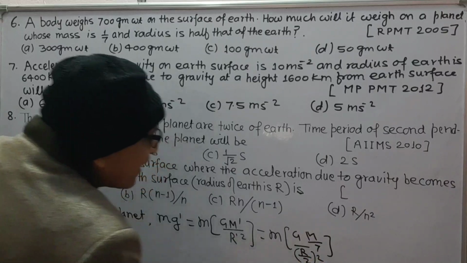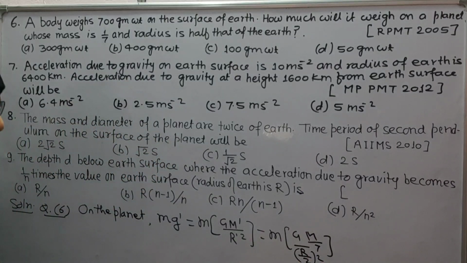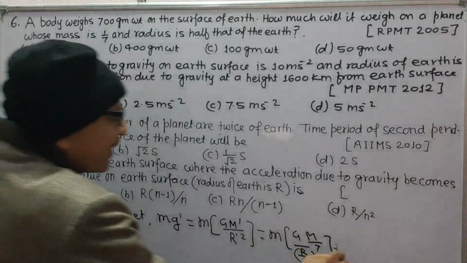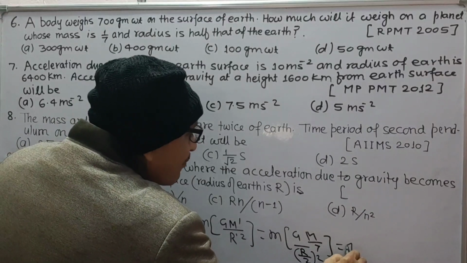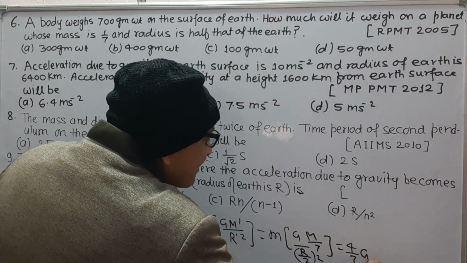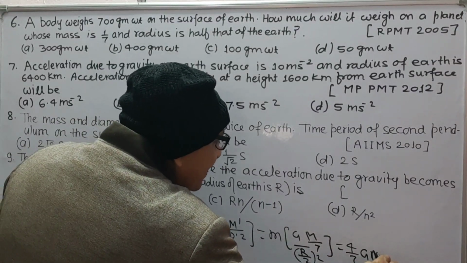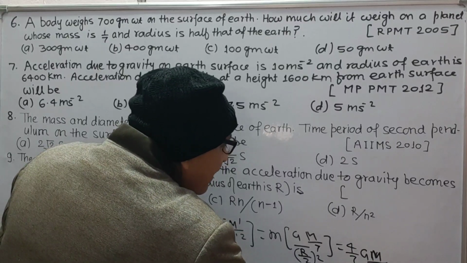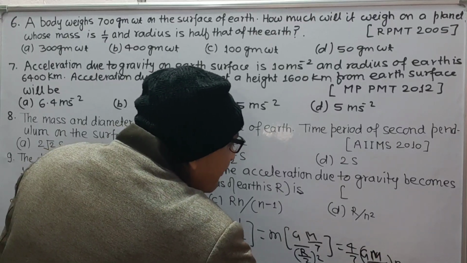So it becomes m G (M/7) upon (r/2) square, which gives 4/7 G capital M upon r square into m.